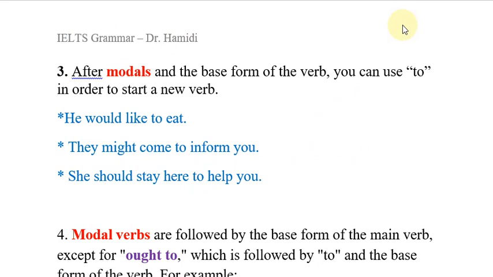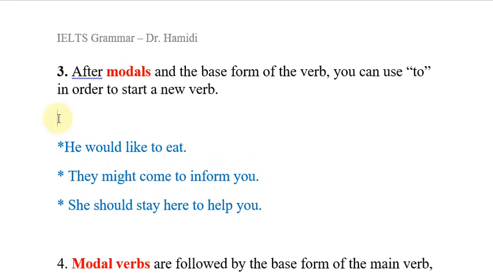Now, the third rule: after modals and the base form of the verb, you can use to in order to start a new verb. Let me make it clear. Here you can say he eats, okay? This is the sentence.